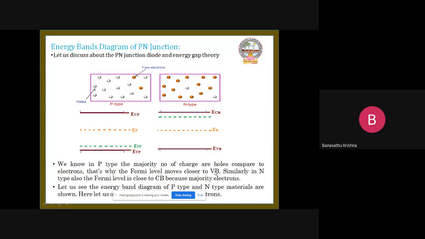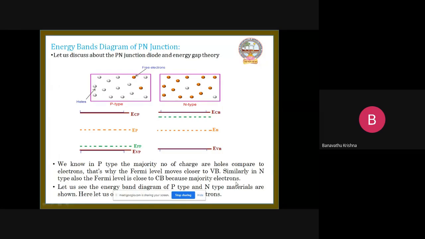Next, let us see here. We know in p-type the majority charge particles are holes compared to electrons. That's why the Fermi level moves closer to the valence band.